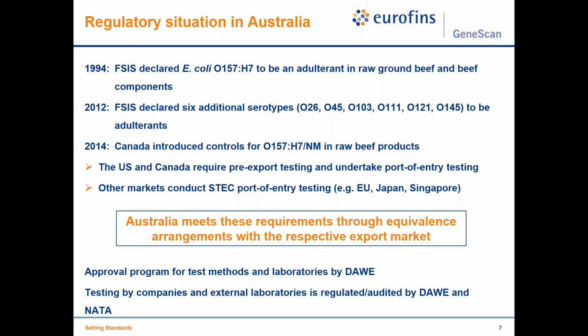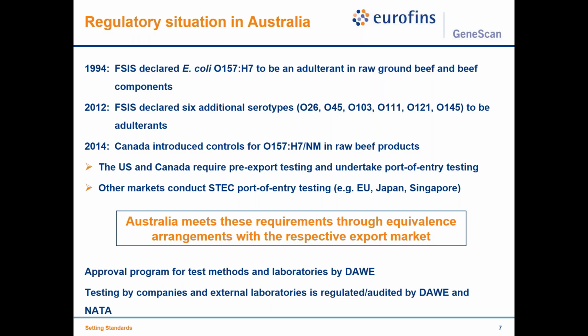Looking at the history, the main market is the US, where they were actually the first ones to declare certain E. coli as an adulterant, with the O157:H7, and they changed this regulation or this view in 2012.